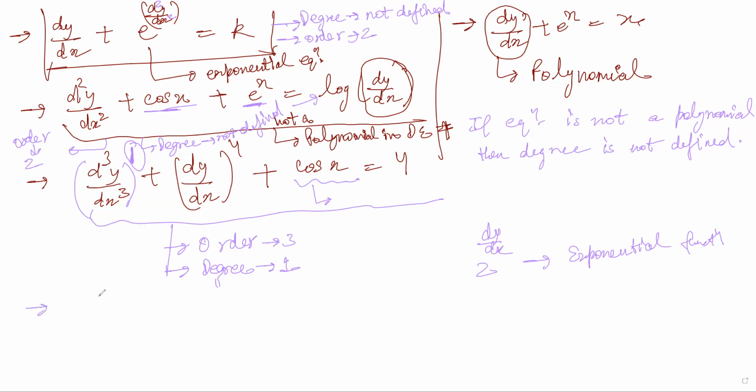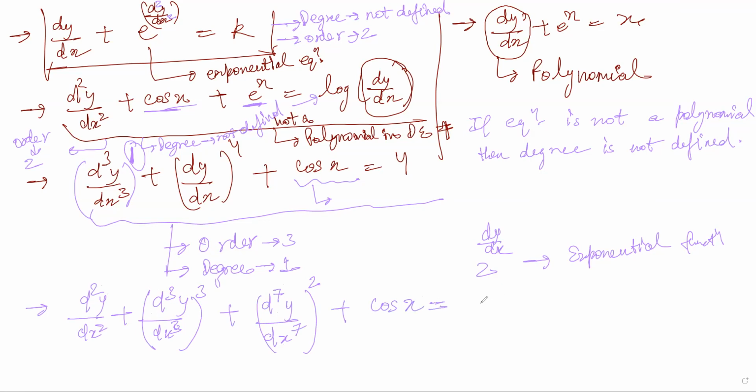Now let's go through some other examples. Tell me the degree of this, and order and degree both. Yes, guys. What's the order and what's the degree? Order is 7 and degree is 2. Okay.